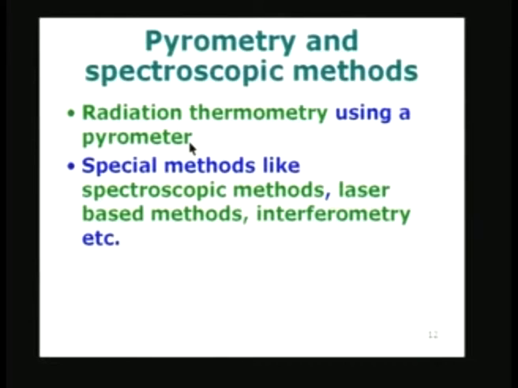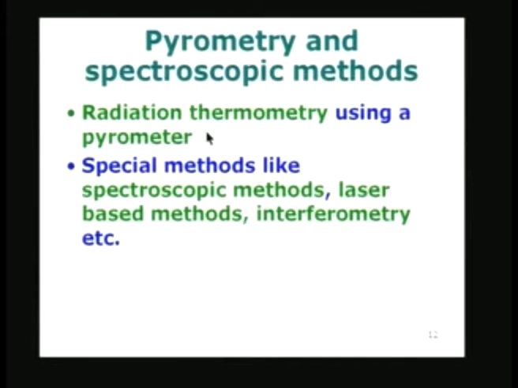Later on we will describe more fully the pyrometer and how it works, but right now it is sufficient to understand that the basis of the pyrometer is comparison between the target whose temperature I want to find out and the temperature of a black body which has a certain match between the two. We will describe it more fully later on.